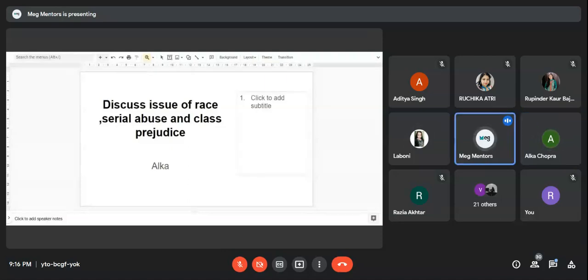Just we are going to take it with everybody. Is there any point missed by Alka? How does this novel depict class prejudice? She has included a lot of points.